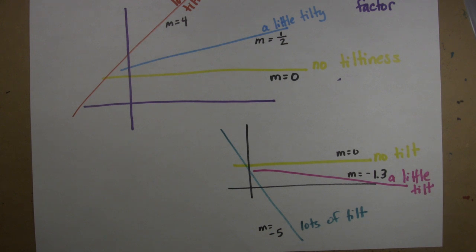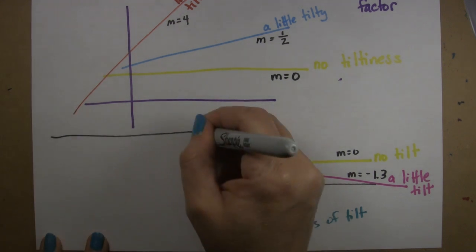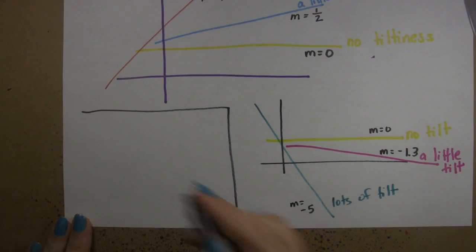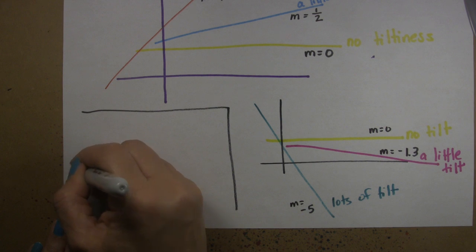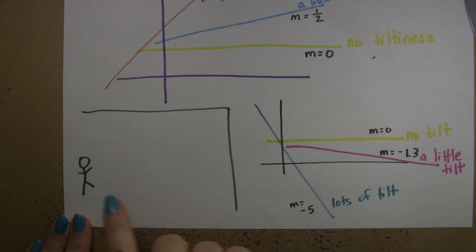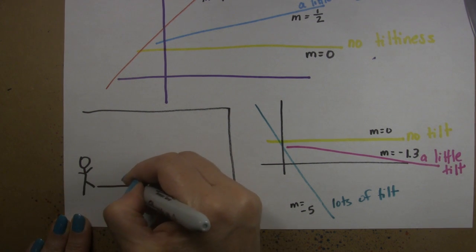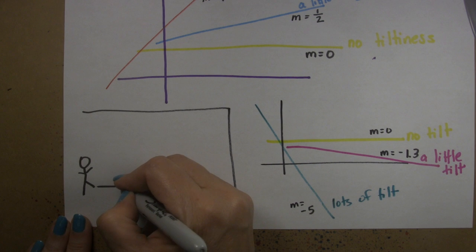So how are you going to remember whether we're dealing with a positive slope or a negative slope? Well, I want you to imagine that you are walking along, and you're walking in the same way that we read. So you're going to start on this side of the page and you're going to go this direction.